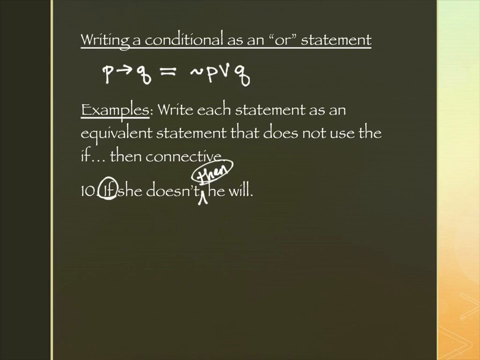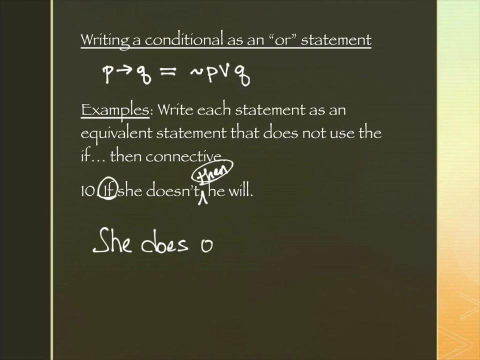We're supposed to be creating an equivalent statement using the or connective. So what will I do with the first part? Negate it. The first part says she doesn't. What's the negation of she doesn't? She does, right? What comes next?